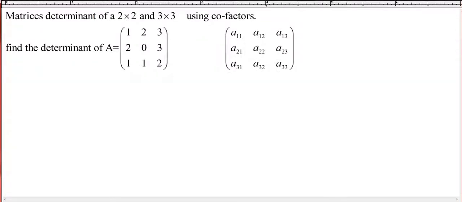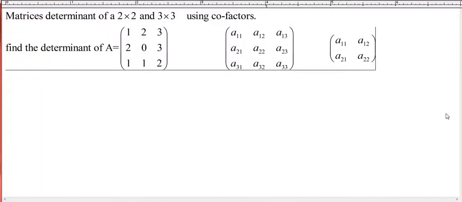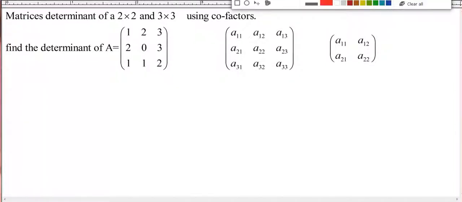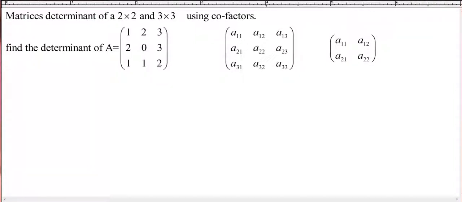So a 2 by 2 determinant is found by multiplying the diagonals, the numbers that appear in the diagonals.